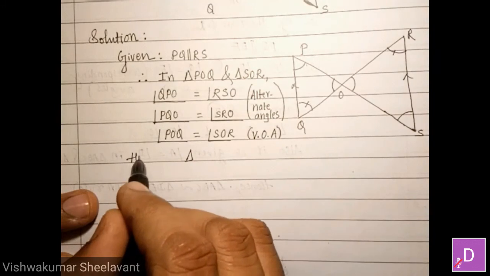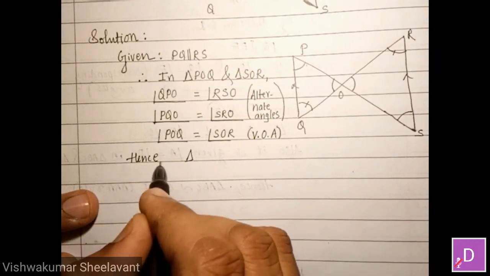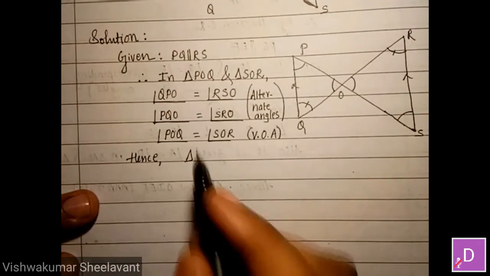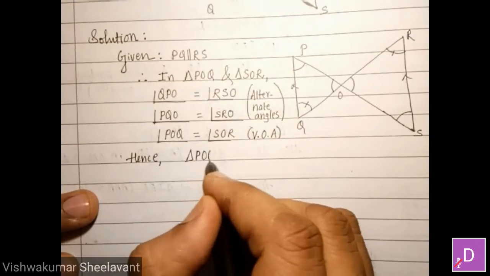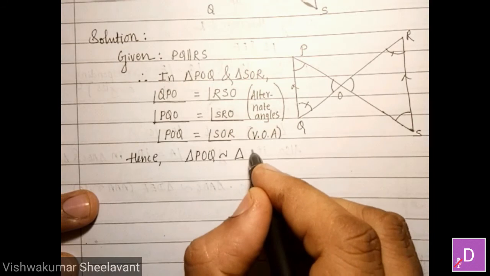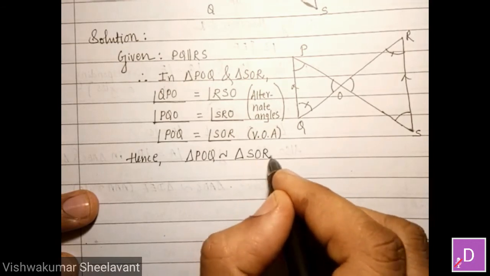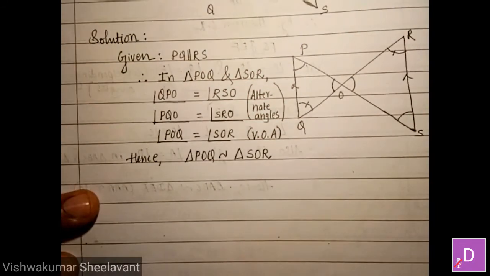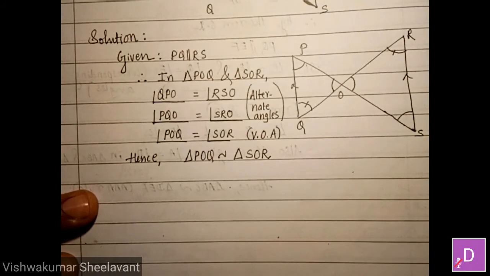Hence, triangle POQ is similar to triangle SOR. By what?